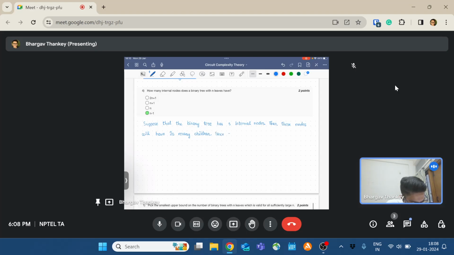Since every node except the root node is also a child of some internal node, this means that out of these twice-S children, S minus 1 are other internal nodes.